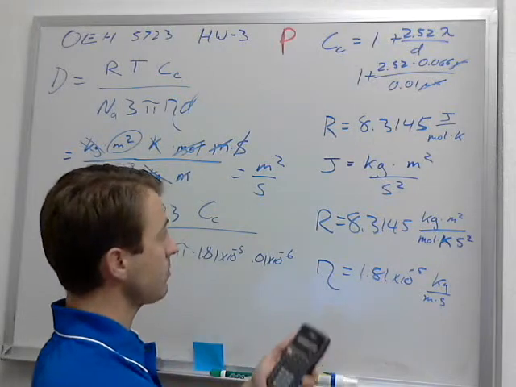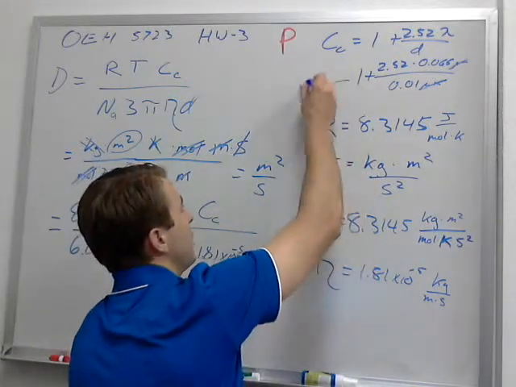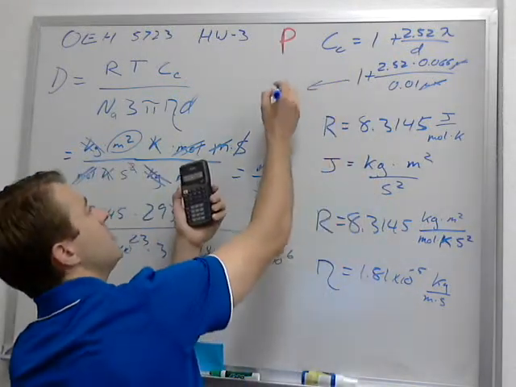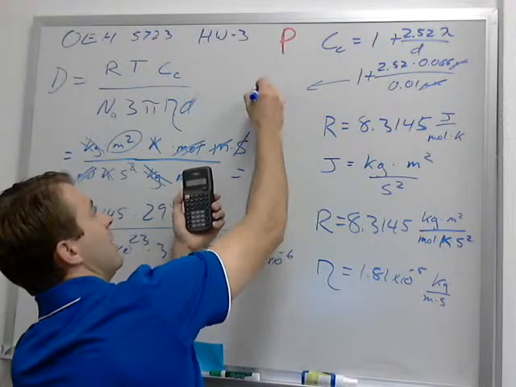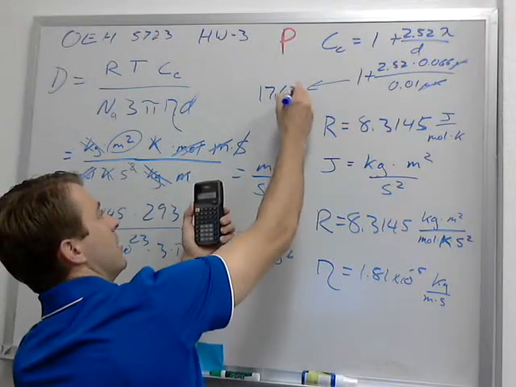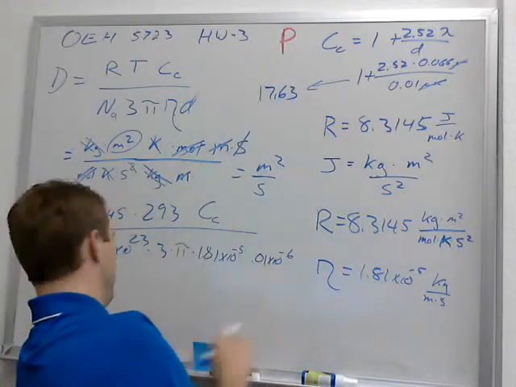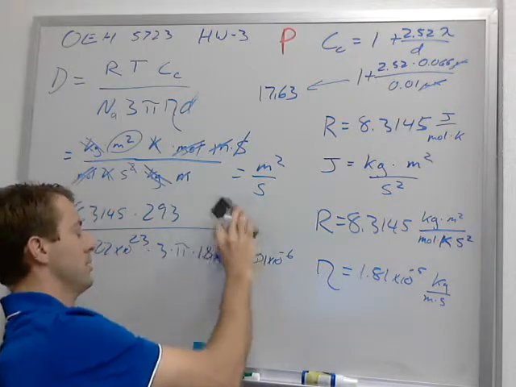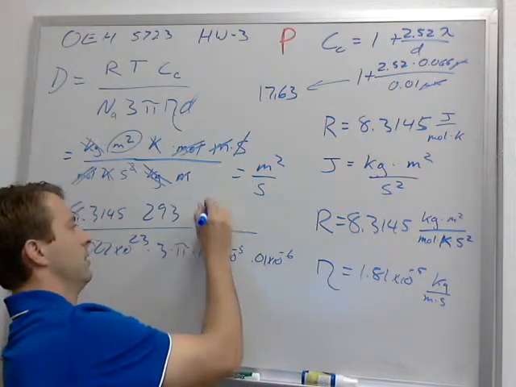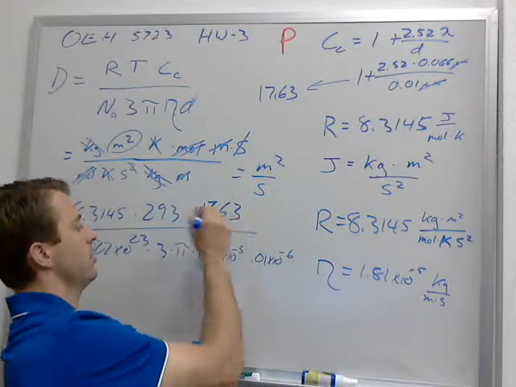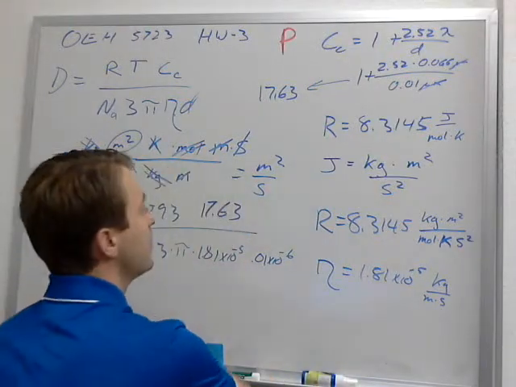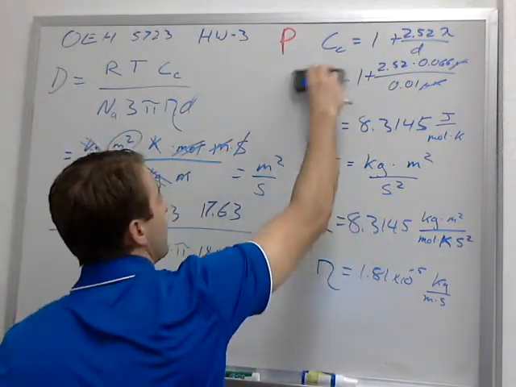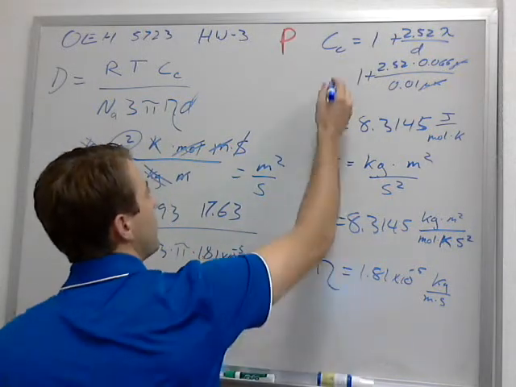Plus 1. Alright, so we should get a Cunningham correction factor that's pretty large, and it comes out at 17.63. So in we go with Cunningham correction, 17.63.